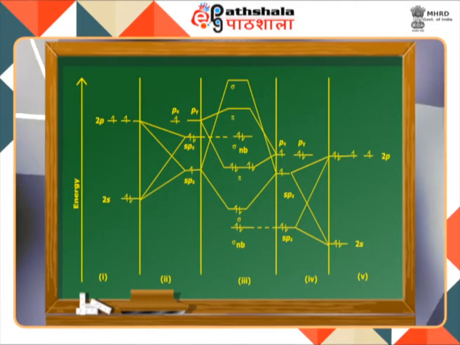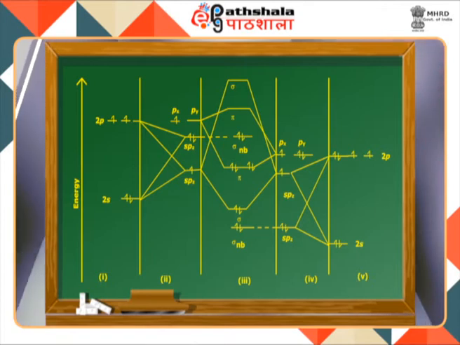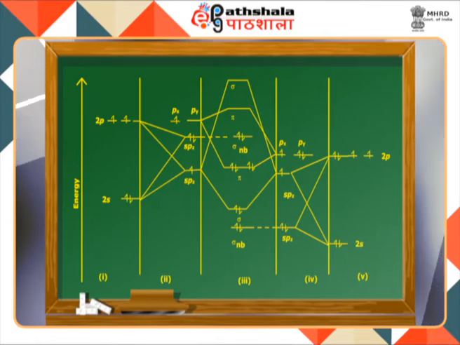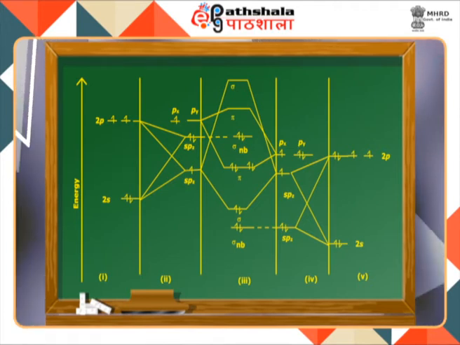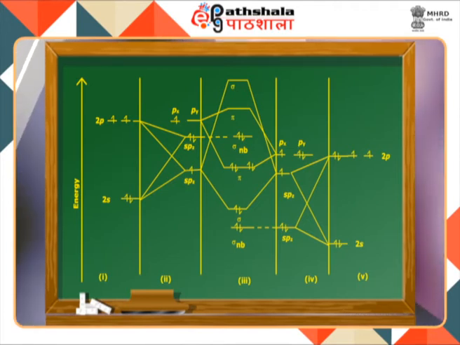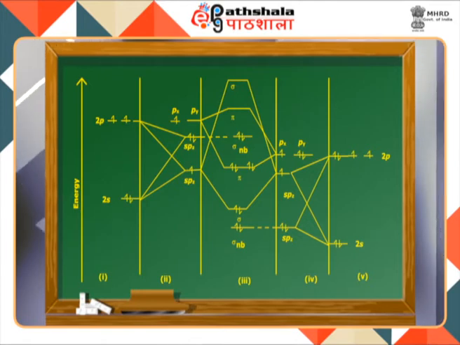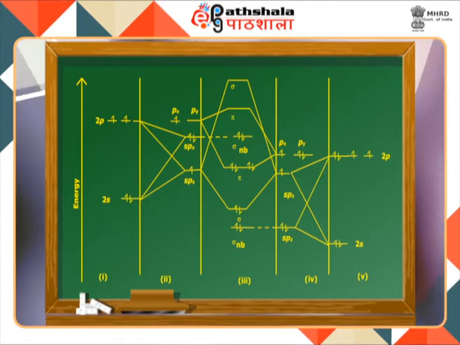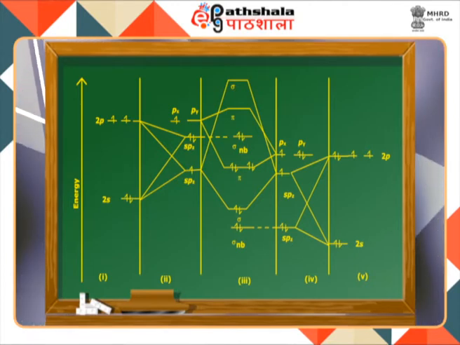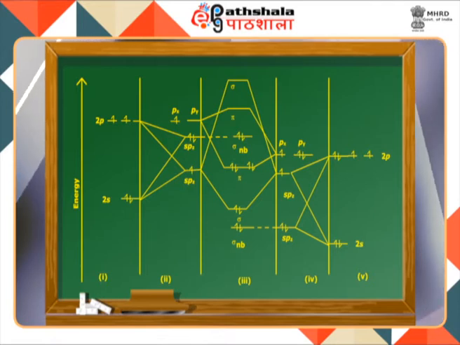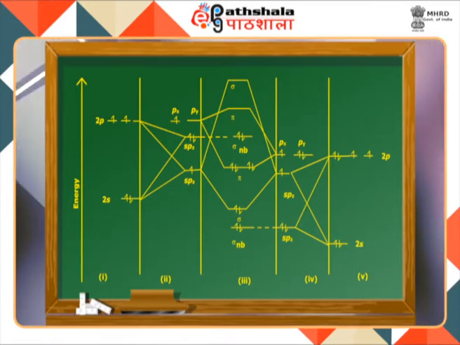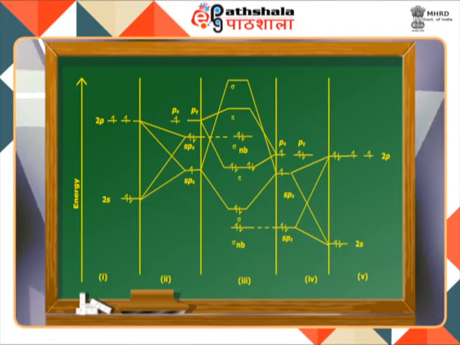Similarly, the 2py atomic orbital of the carbon atom and the 2py atomic orbital of the oxygen atom take part in linear combination forming bonding pi 2py and antibonding pi 2py star molecular orbitals. The sigma bonding and pi bonding molecular orbitals are polarized towards the more electronegative oxygen atom, while the antibonding pi star molecular orbitals are polarized towards the less electronegative carbon atom.